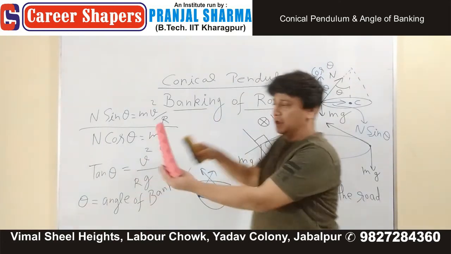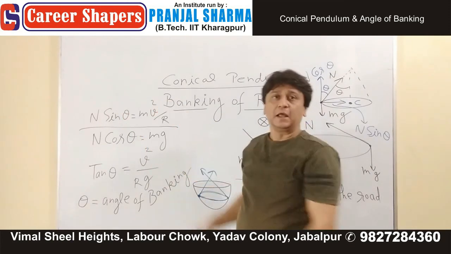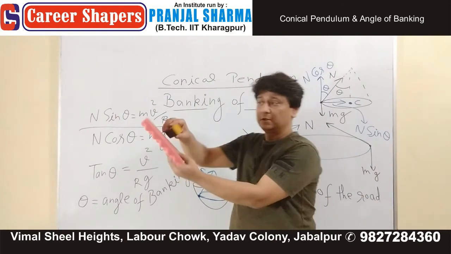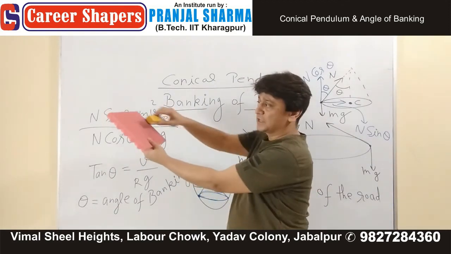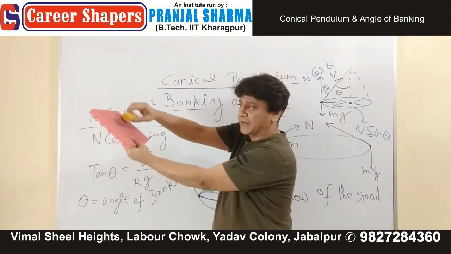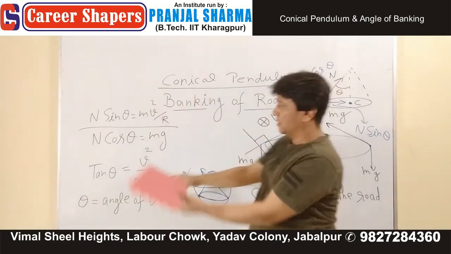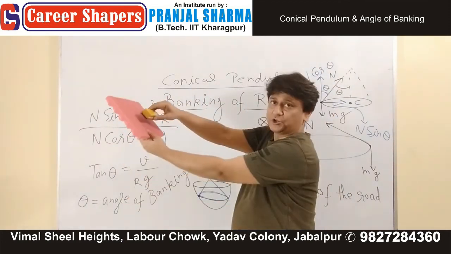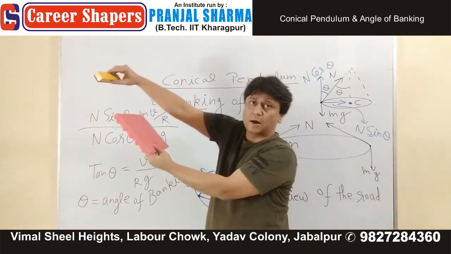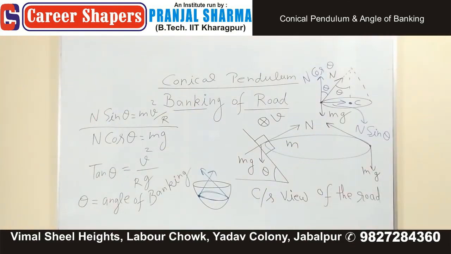Suppose कि हमने रोड को लिफ्ट किया था, 50 किलोमीटर पर आवर से आ रहे थे आप. अगर कोई आदमी 50 की जगह 60 से आता, then tell me what will happen. This car then will go up, will skid up, or will skid down. Write down fast in the comment box. For a particular tan theta v square upon rg, if you increase the v, then the car is going to skid up or is going to skid down, fast. Write down this in the comment box.